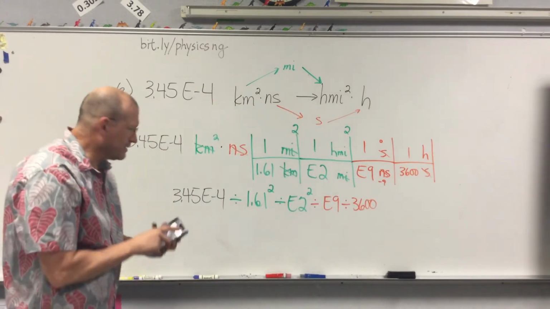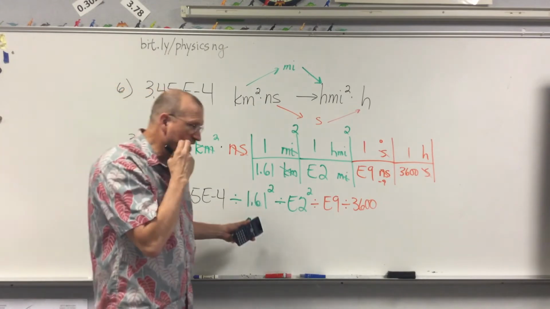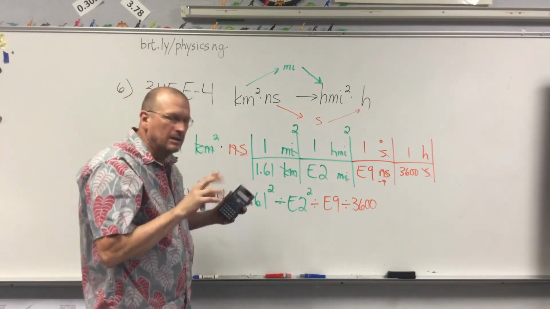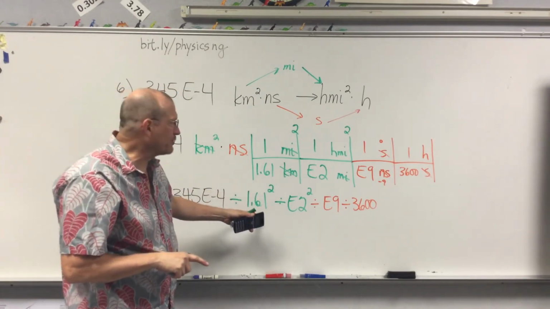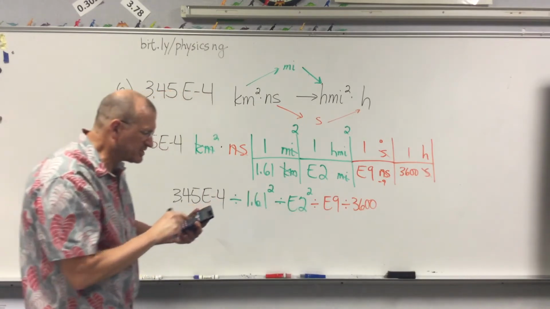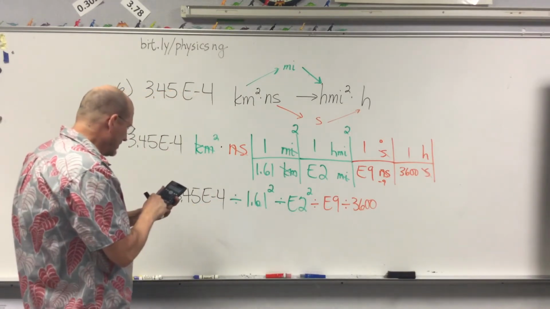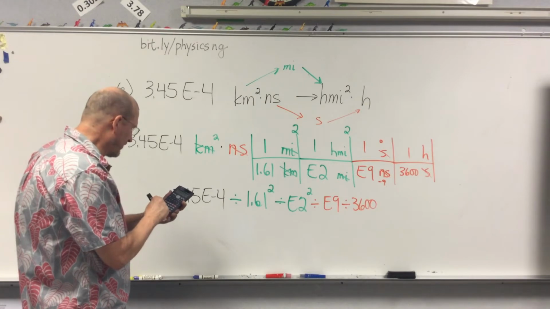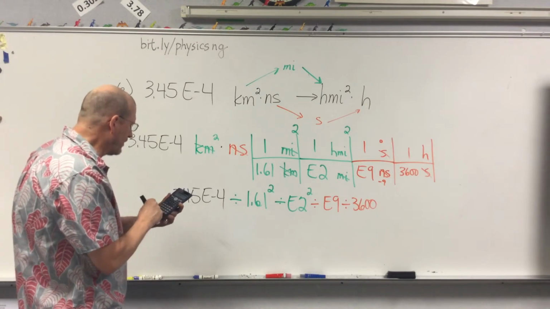So now, somebody might have different ways that they would do it. I just want to see you write it out the way that you think is going to get you the right answer. So we start with 3.45 E -4.